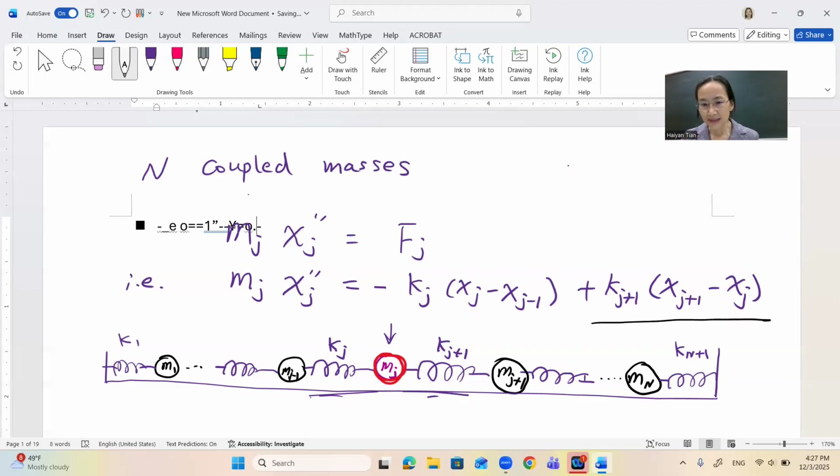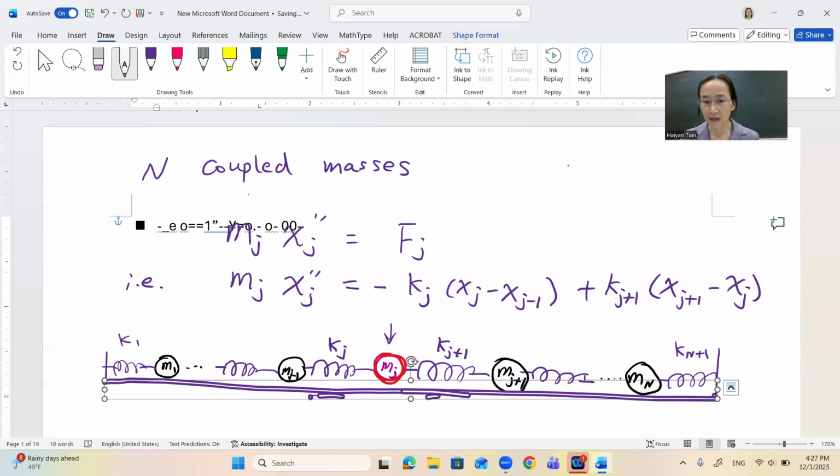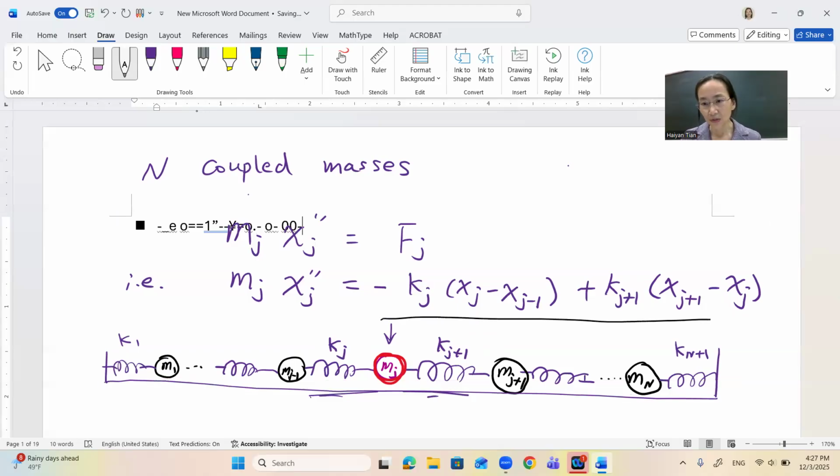Then the force from the right side spring is also determined by the displacement of these two bodies. After we consider the force from springs on both sides of this body, we get the overall force.